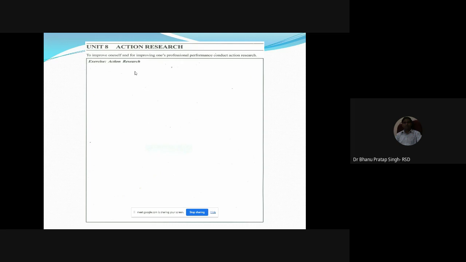So action research is basically problem-related research. So what we have to do to improve oneself and one's professional performance is conduct action research.